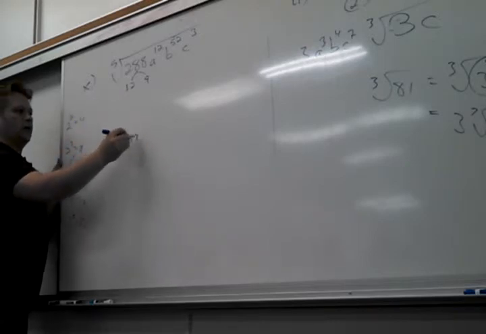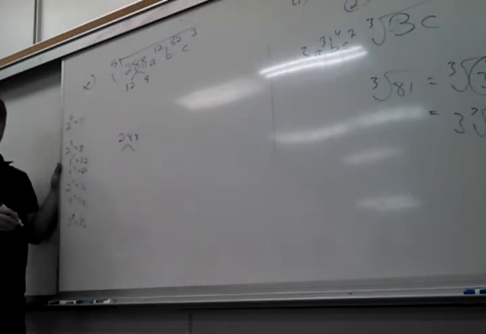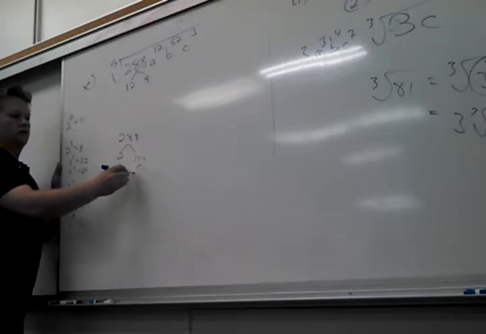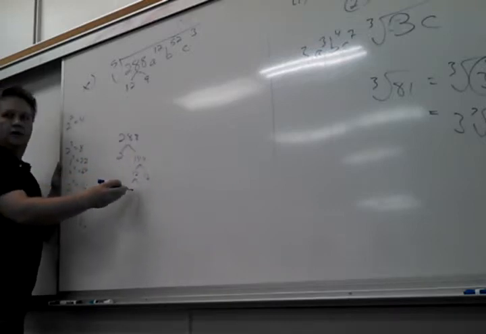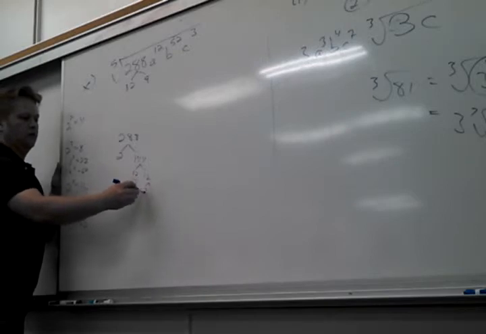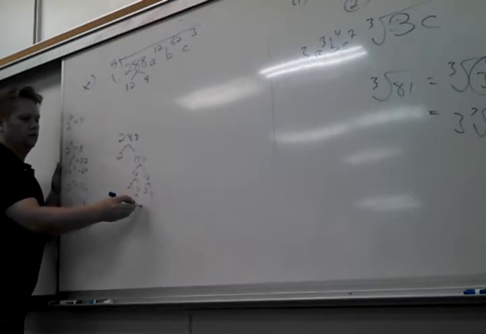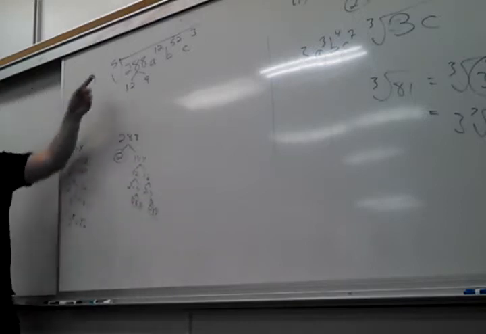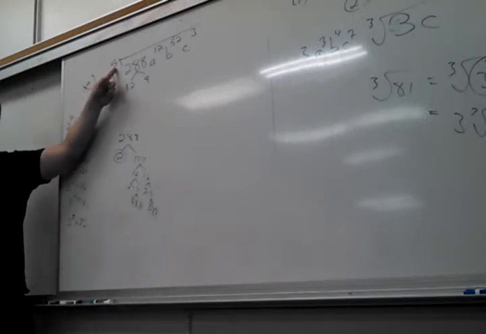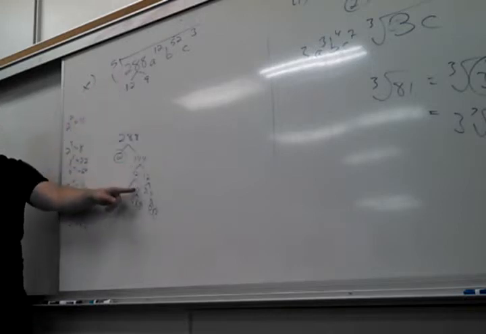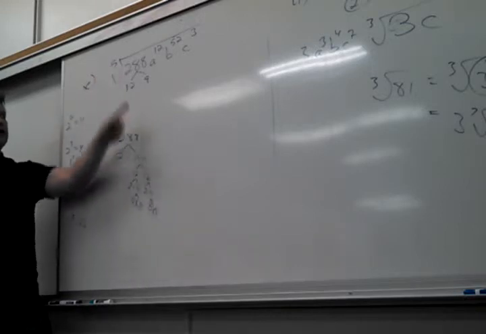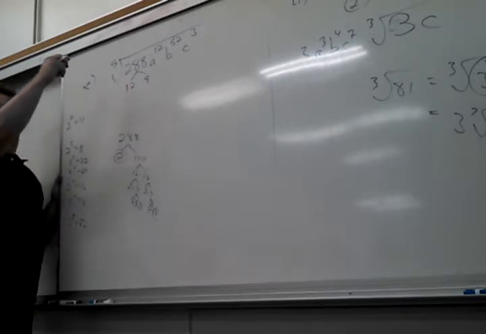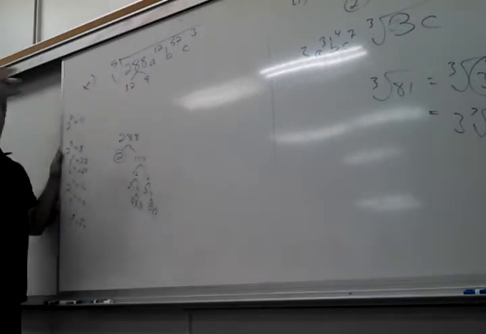Another way to do it is to take 288 and just start breaking it down. 2 times 144. 12 times 12. 3 times 4, 3 times 4, 2 times 2 times 2 times 2, 1, 2, 3, 4, 5 2's. Fifth root is looking for 5 things. Since I have 5 2's, the fifth root of that stuff is 2. And what's the fifth root of 32? 2, because 32 is made up of 5 2's.